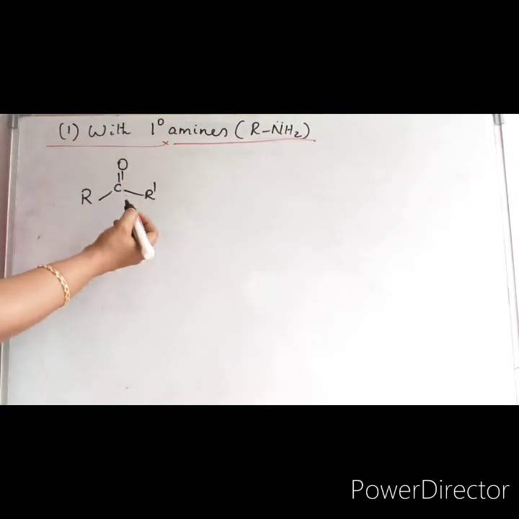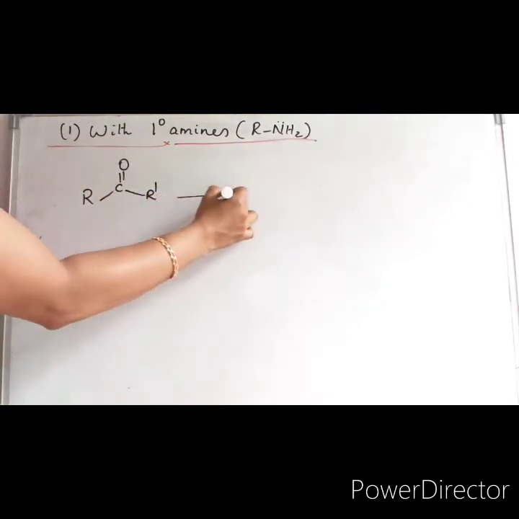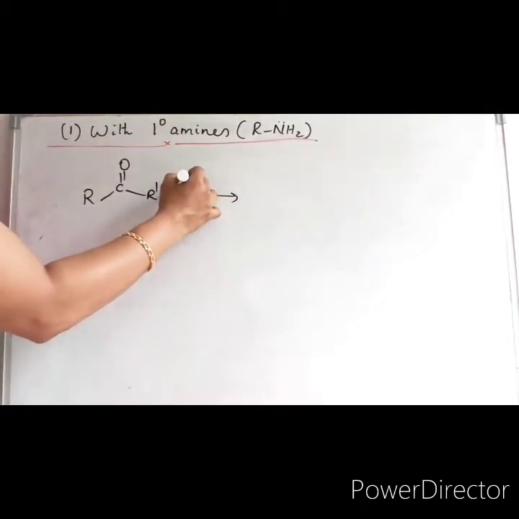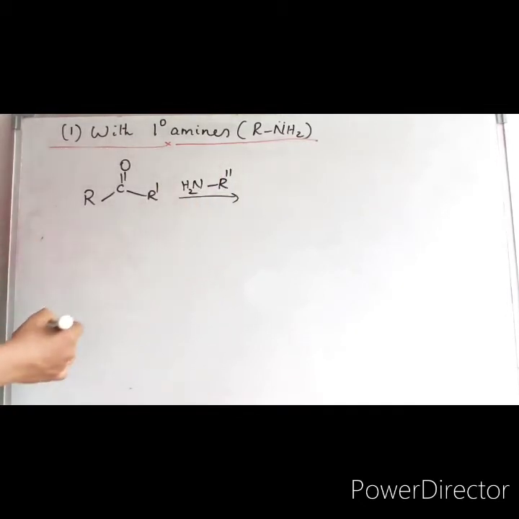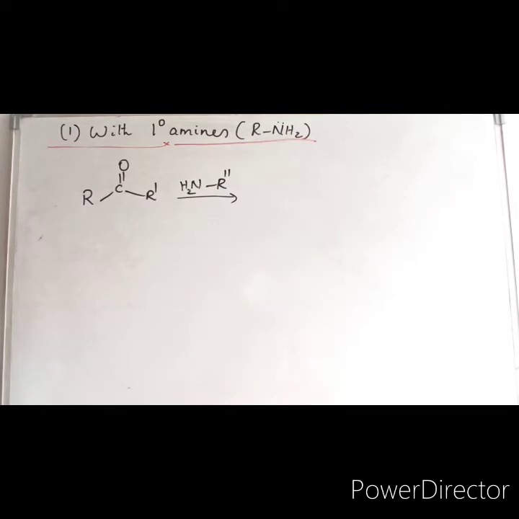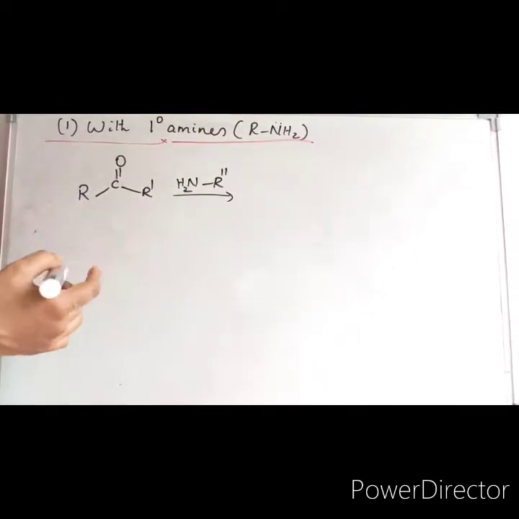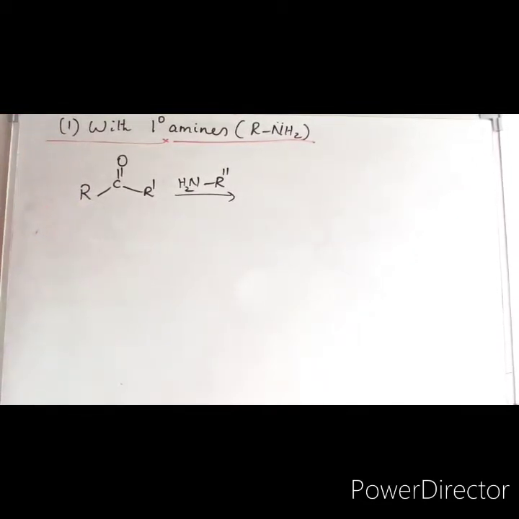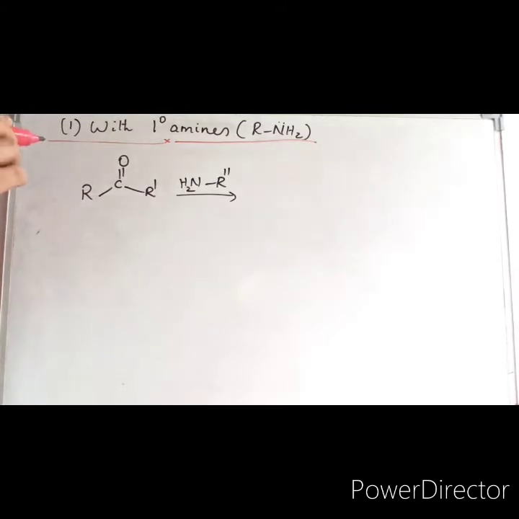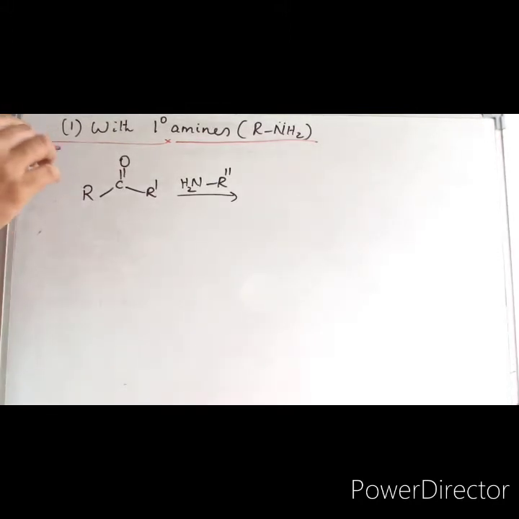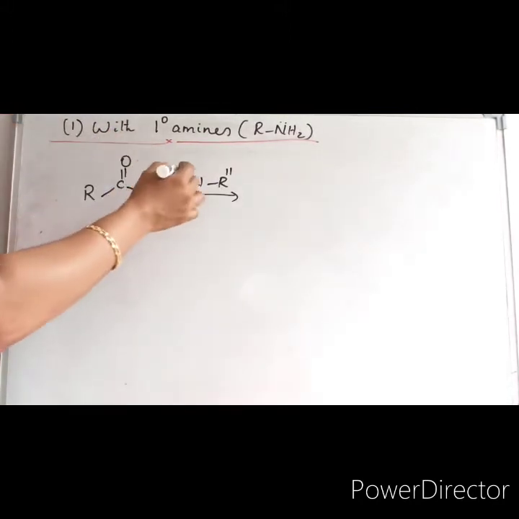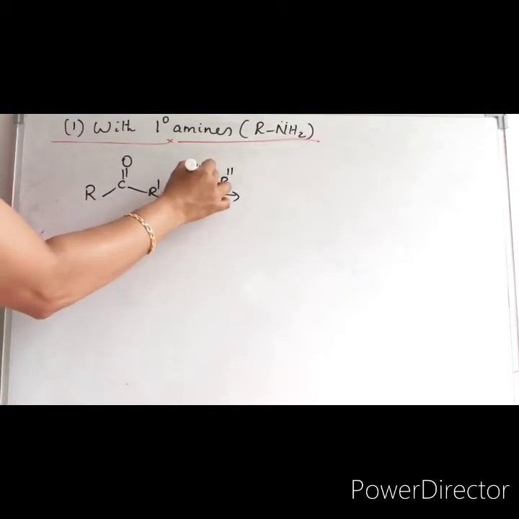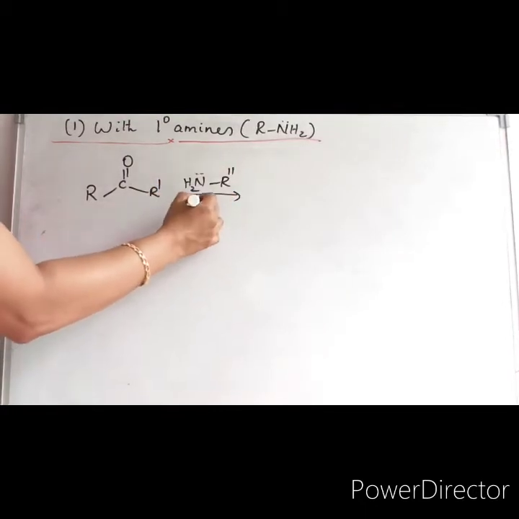So this is our carbonyl compound. Let us take the primary amine as NH2R''. In this reaction you have to understand that, as I said, the first step is the nucleophilic addition reaction. So which is the nucleophile and which is the electrophile, that is the first thing we have to look into. Amines are nucleophilic in nature.